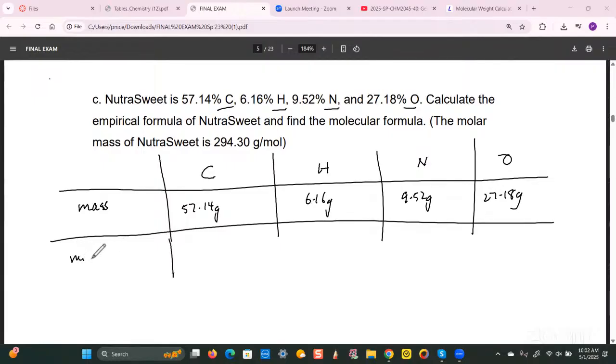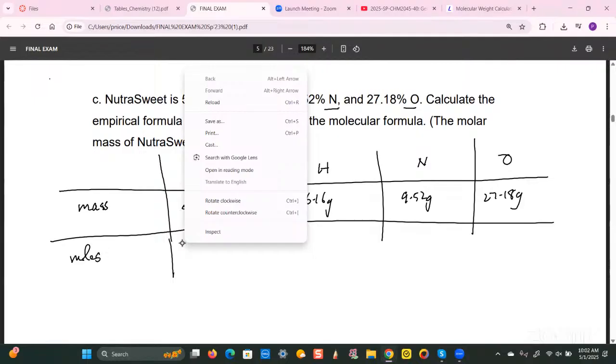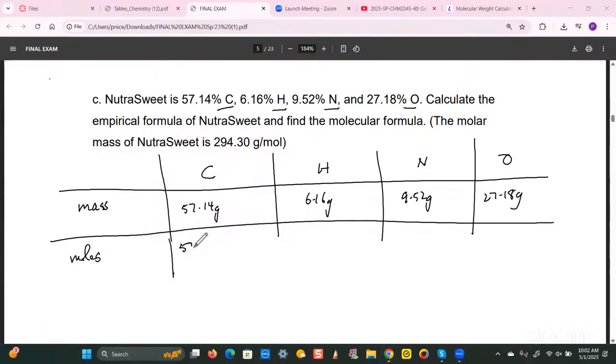Okay, so how do we do that for carbon? 57.14 grams. What do we multiply that by? 1 mole over 12.01 grams. And then for hydrogen, 6.16 grams multiplied by what? 1 mole over 1.008 grams.